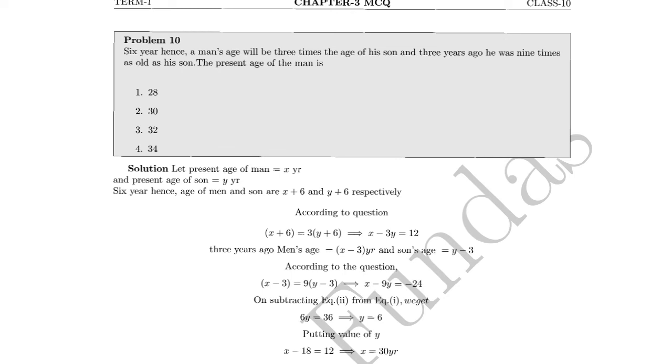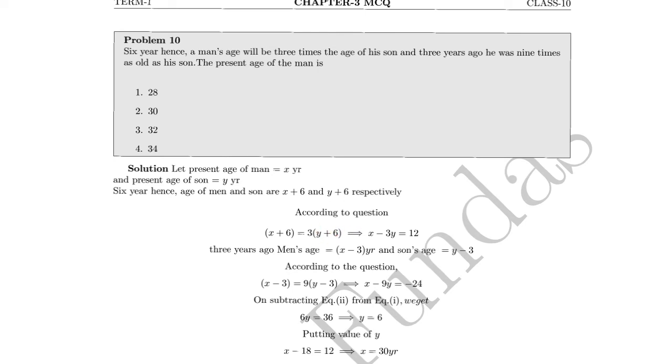Let's see the solution. In the solution, we have taken the present age of man as x years and present age of his son as y years. 6 years hence, it means after 6 years, the age of man will be x plus 6 and the age of son is y plus 6. According to the question, x plus 6 is equal to 3 times y plus 6.